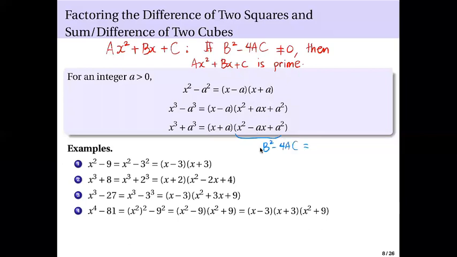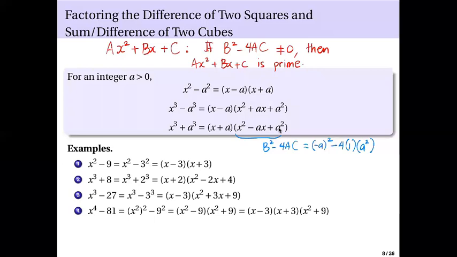But your capital B here is negative a. So negative a squared minus 4, and then your capital A is 1, so times 1. Capital C is a squared.